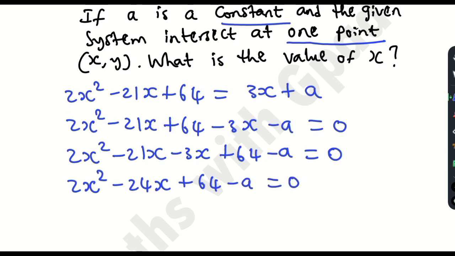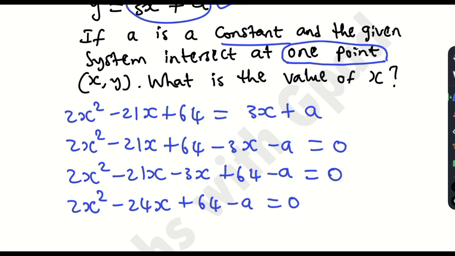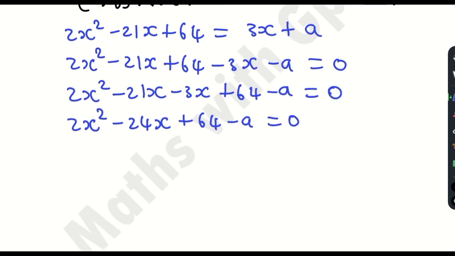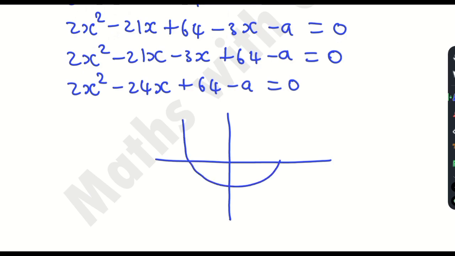Now there's something we have to stress on here. They intersect at one point. If they intersect at one point, you are going to have equal roots. Let me give you an instance. Let's say this is a Cartesian plane, don't mind this diagram. You have a curve, a graph for a quadratic equation, and then you have a straight line.